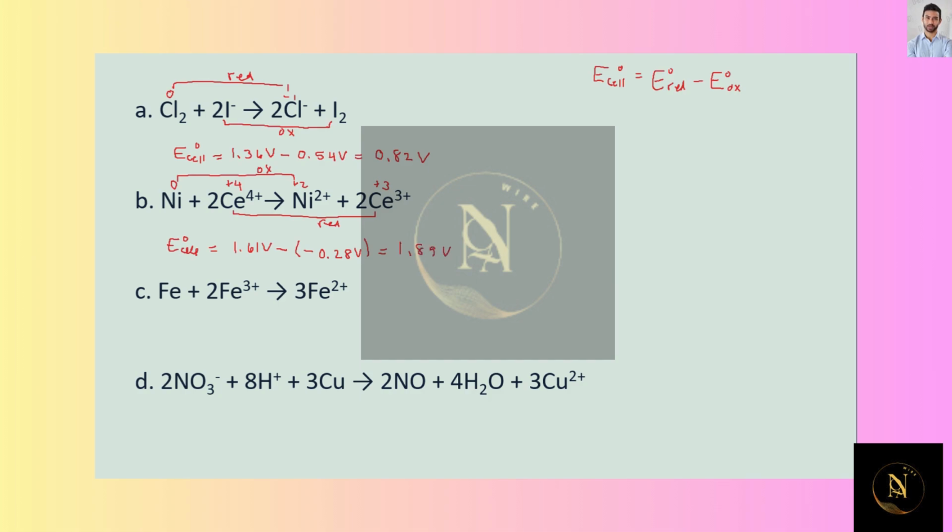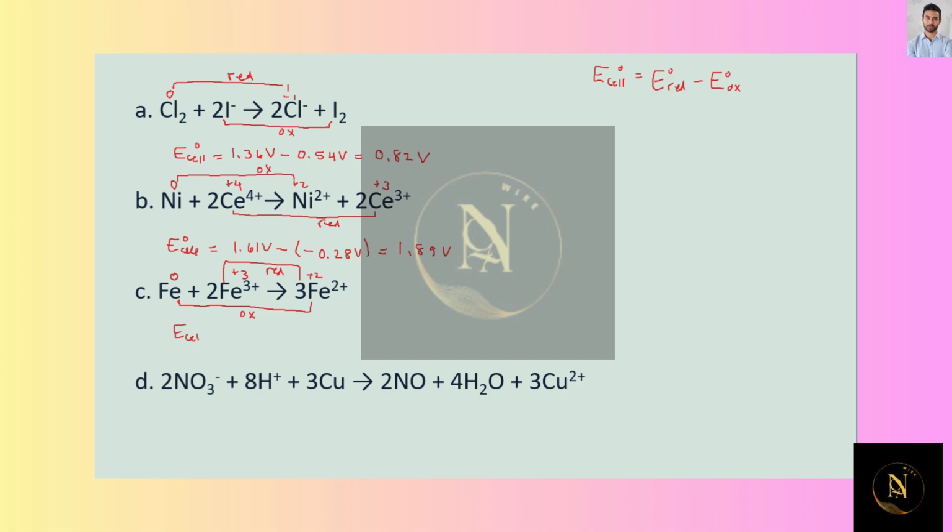Our next one, we actually have iron going to two different things. So here iron is starting at 0, and two different states of iron are going to one state. Here it's +3, and here it's +2. So in this case, iron is going from 0 to +2. It's losing electrons. Therefore, that's my oxidation reaction. And here, iron is going from +3 to +2. It's gaining. That's my reduction. So in both cases, you're looking for iron reactions.